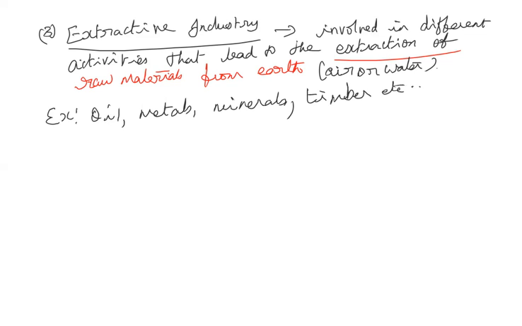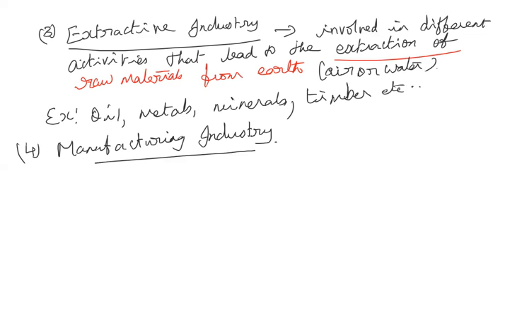And the next, the common one that we have, the manufacturing industry. We keep saying, what is production, what is manufacturing? That is converting the raw materials into finished products, either the consumer goods or the capital goods.